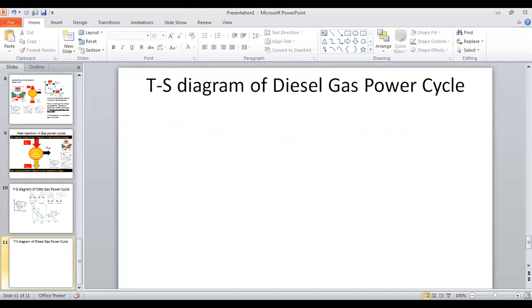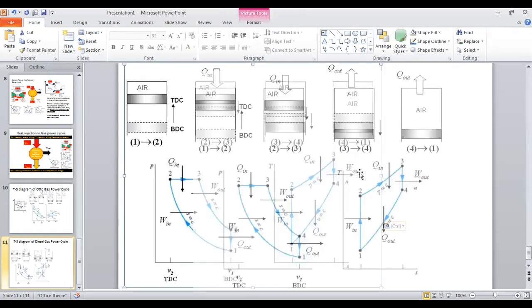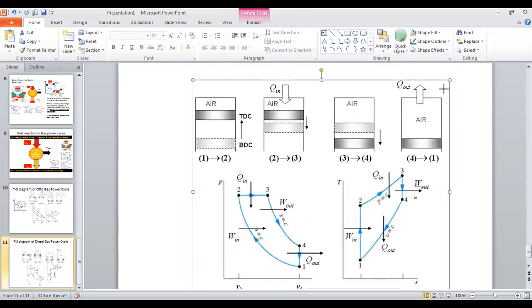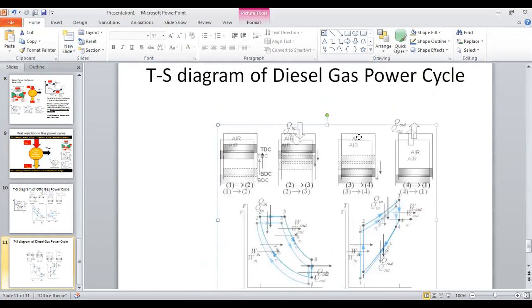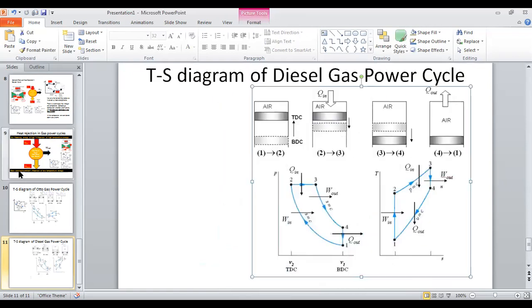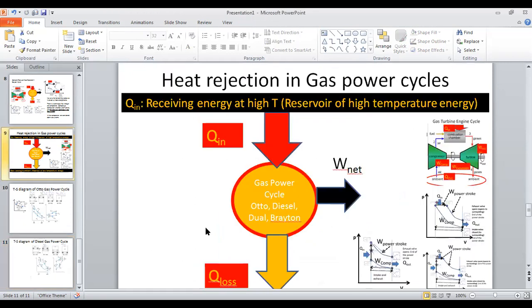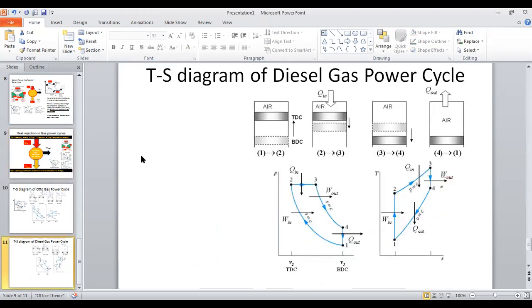That's why it is related to the piston cylinder arrangement. So let me put this diesel gas power cycle, and this diesel cycle is the compression ignition.